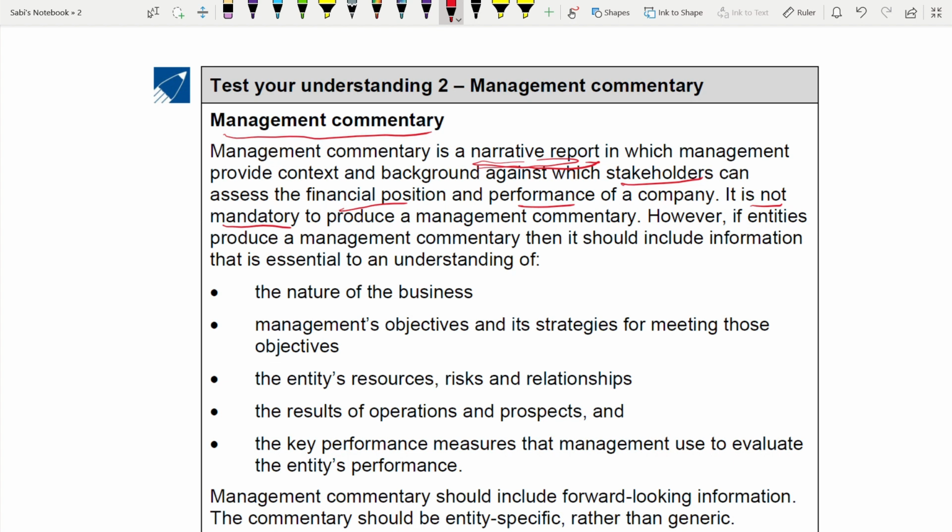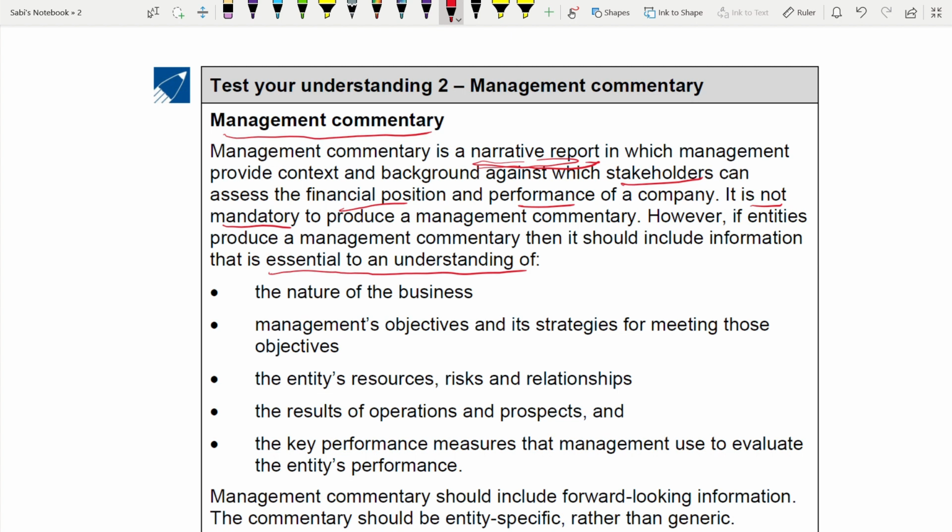And the third nature is linked with the mandatory part. Even though it's not mandatory, if entities do make management commentary, they have to take care of certain things. They should include information that is essential to the understanding of the business. It's not that just because it's narrative and not mandatory, you can include any information.